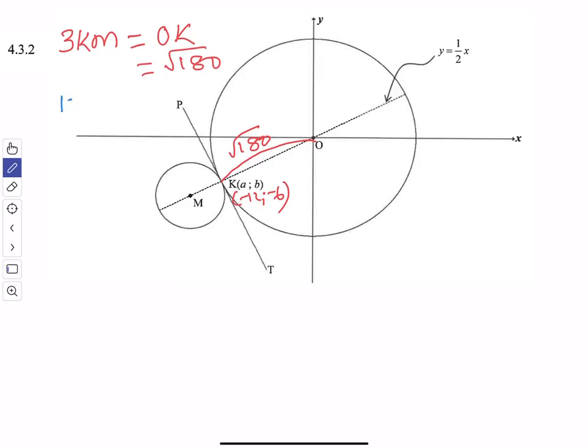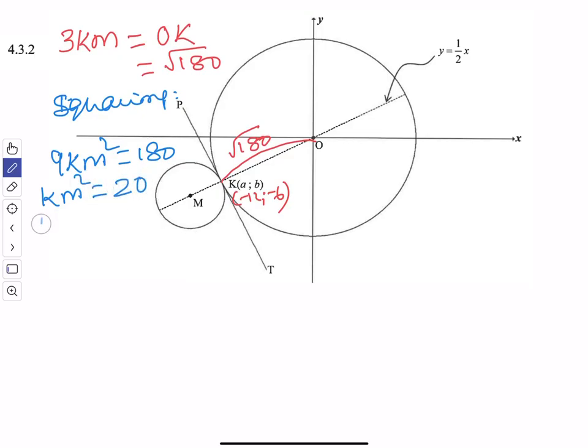Squaring, I get 9KM squared equal to 180, and therefore KM squared is equal to 20. Therefore, KM is equal to square root of 20.